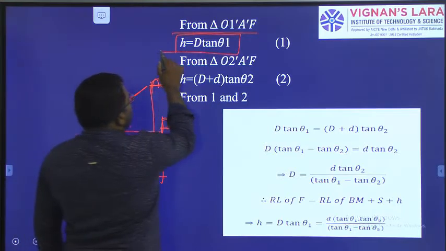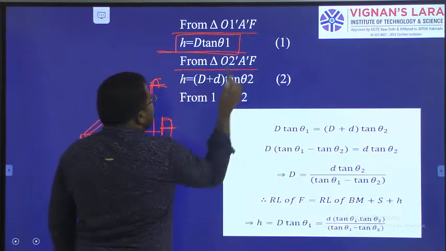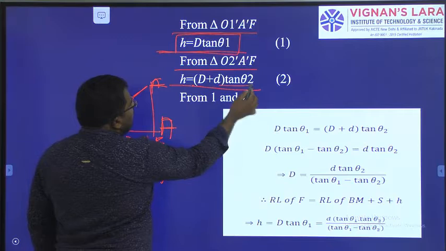From the first triangle, h is equal to D tan theta 1, and from the second triangle, h is equal to d plus D tan theta 2.